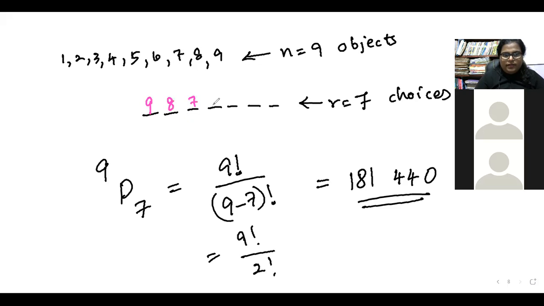Then we have 7 numbers, 6, 5, 4, and 3. So you can take the multiplication of these choices. You can get the same answer, 181,440. The same answer comes with the value here, right?